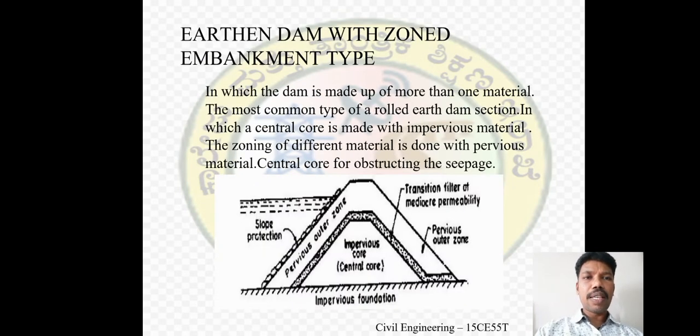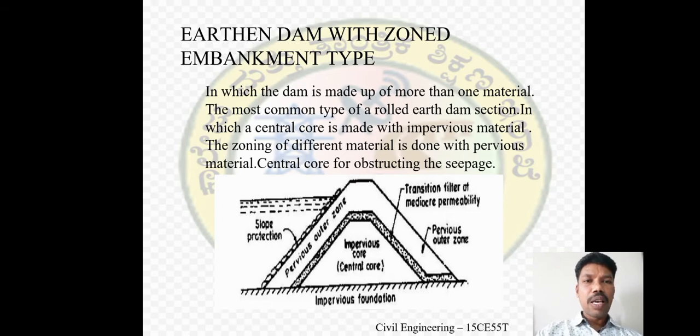Then we have another type, earthen dam with zoned embankment type. Zoned embankment means here we have 2 zones, like central core and outer casing. The central core is impervious material made up of clay, and other impervious soil can be used. The outer casing is made with pervious material like granular material or grit.